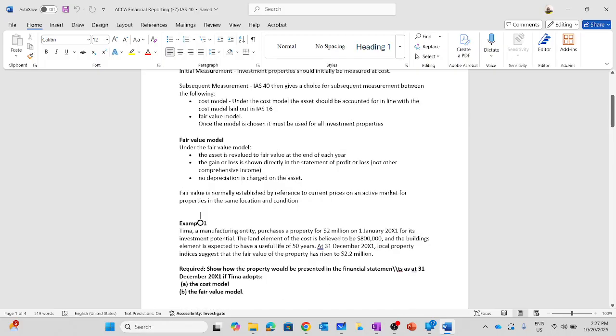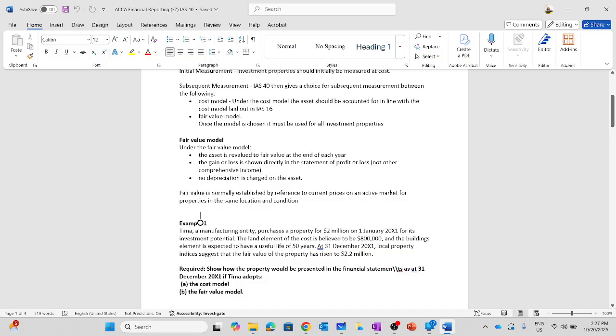Now, we need to know these three conditions under the fair value model. I'm not talking about the cost, I'm talking about the fair value model. If we are deciding to use the fair value model, this is what we need to know. Firstly, the asset is revalued to fair value at each year end.